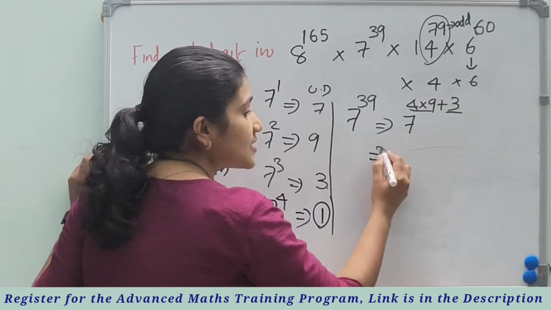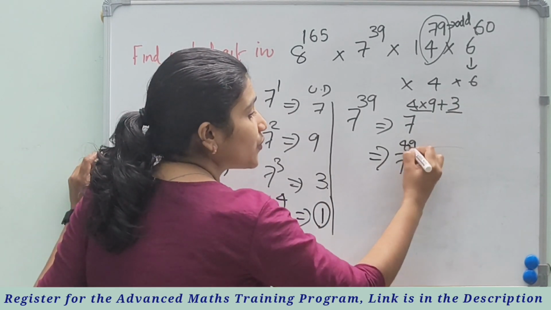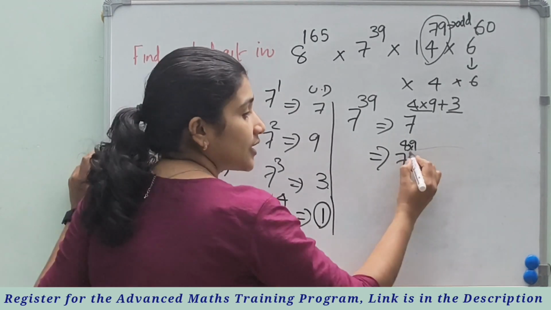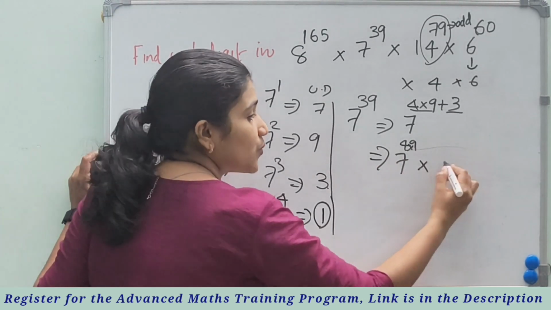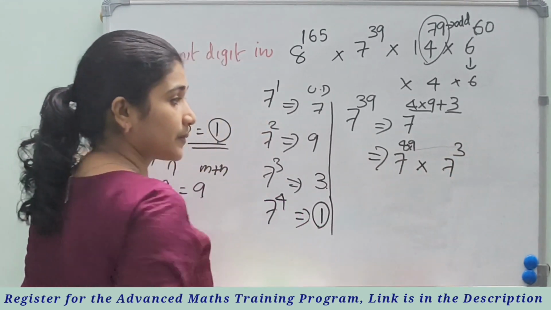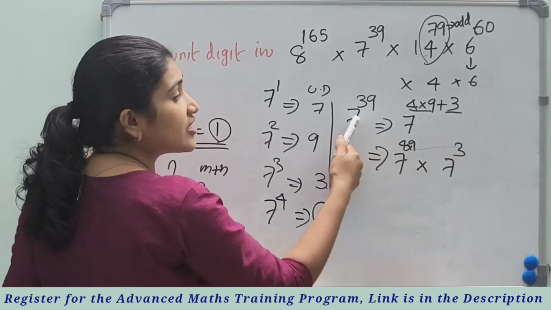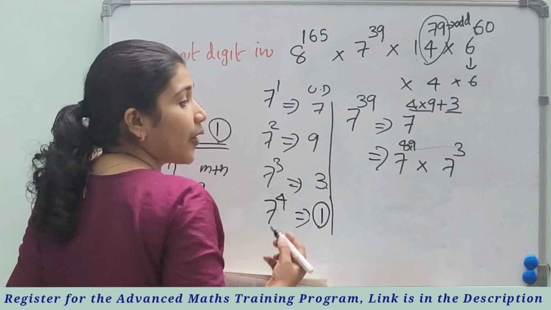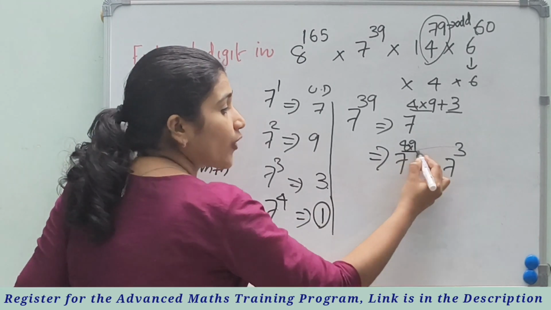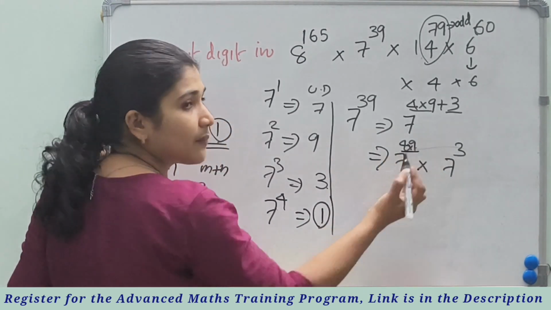So I can write it as 7 raised to 4 into 9 is m, into 7 raised to 3. 7 raised to 36 into 7 cube is 7 raised to 39. Now this is in the form of 4n, 4 into any number.